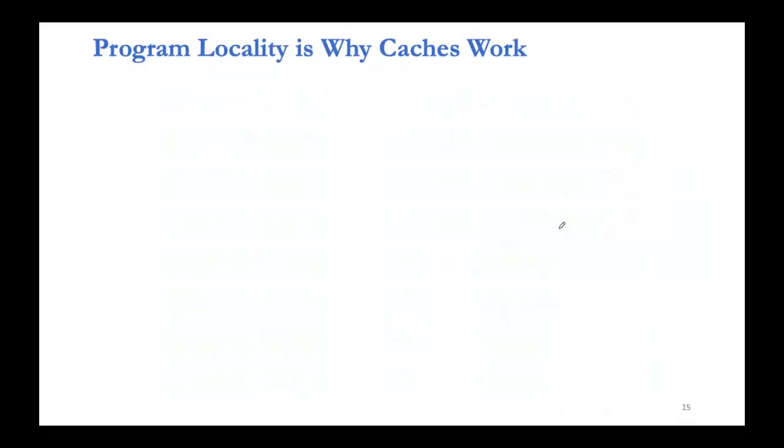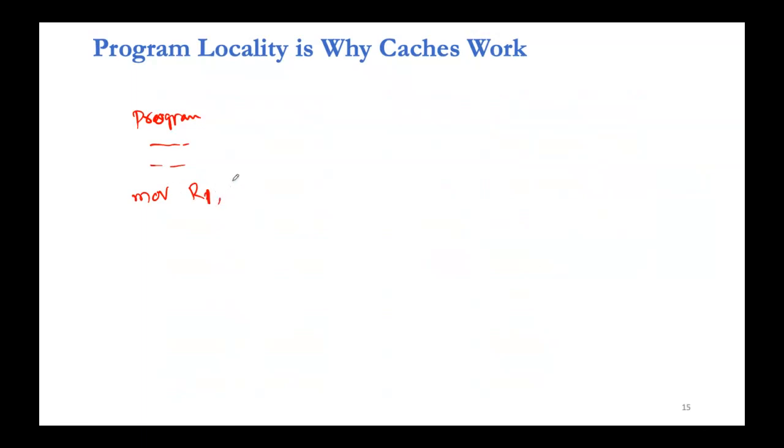Then comes program locality, which is why caches work. Let us consider a simple example for program locality. Say we have a program with some instructions.